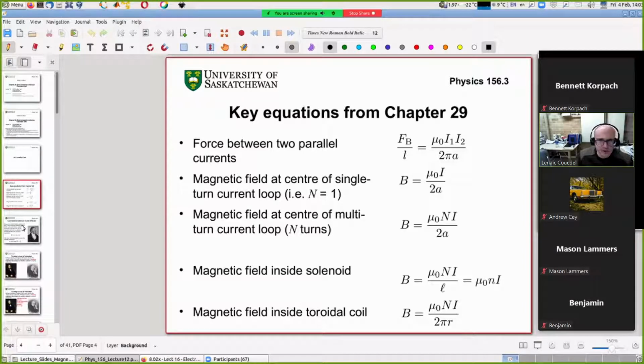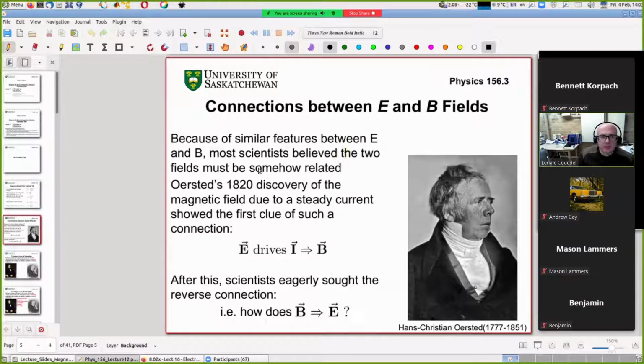So what we've been doing basically is linking electric field and magnetic field. We've seen that there are many similar features between electric field and magnetic field, and most scientists believed the two fields must be somehow related.